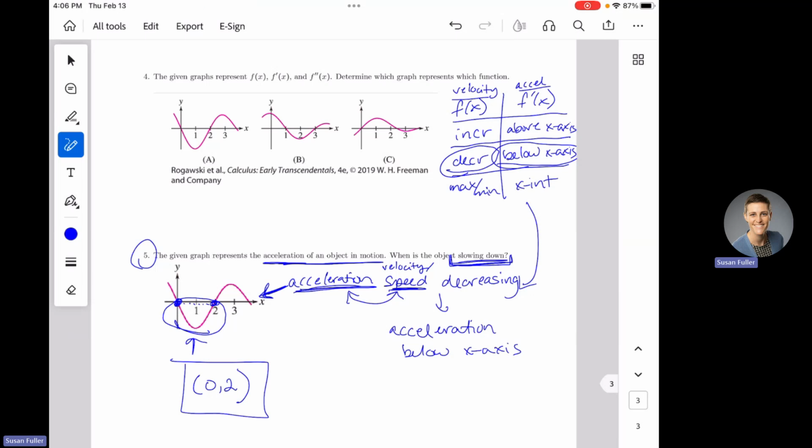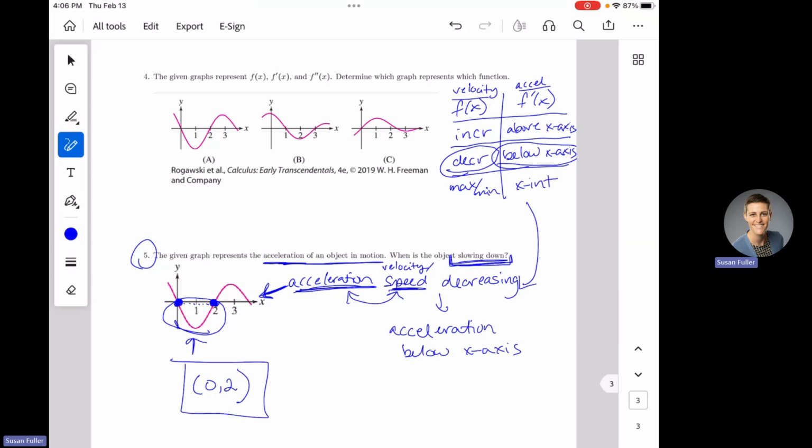I'm not going to include 0 and 2 themselves, because at those points we aren't truly below the x-axis anymore. Our speed isn't increasing or decreasing, it's just leveling out. Those are the places where our speed changes from increasing to decreasing, so we aren't truly decreasing there, and I'm not going to include those.